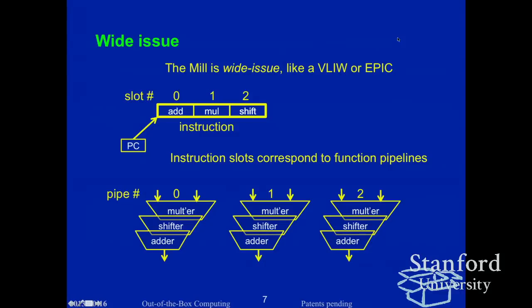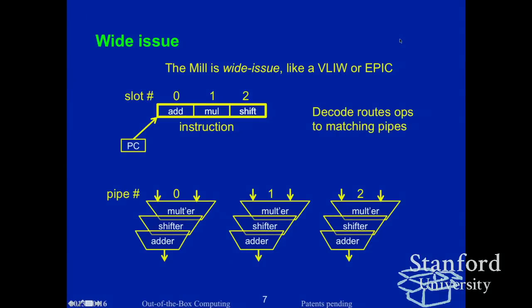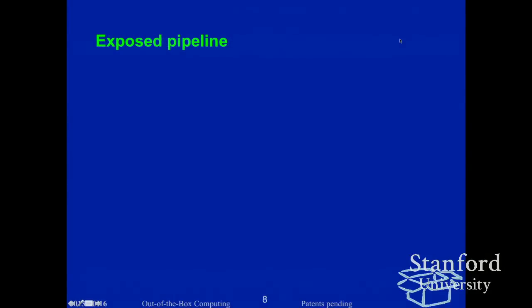But each one of the instruction slots corresponds to a pipeline, so that if you want to issue an operation to a particular functional unit, it has to be in the slot of the pipeline that functional unit is in. The operations are dispatched, torn out of the instruction, and sent to the individual pipelines, who then proceed to execute them.